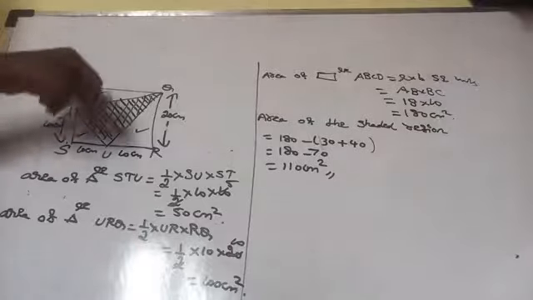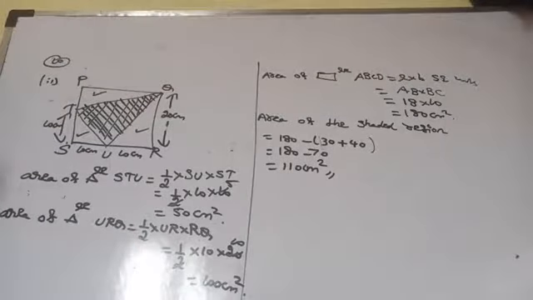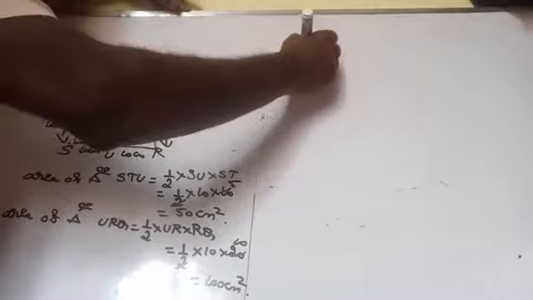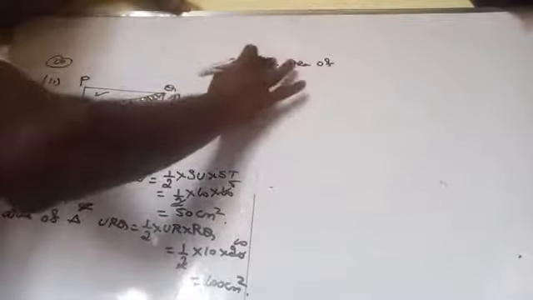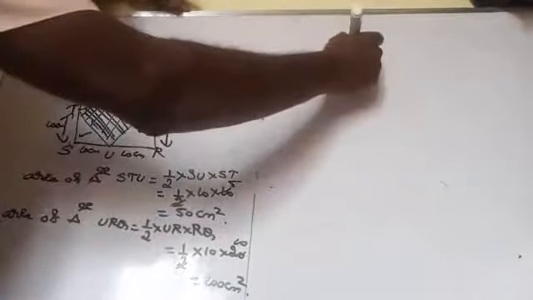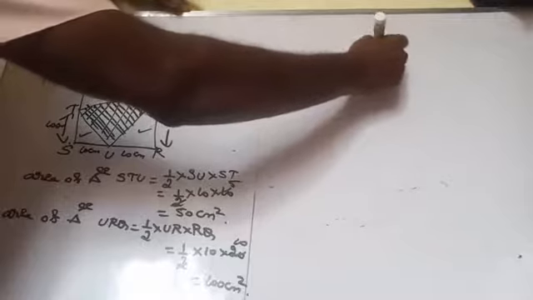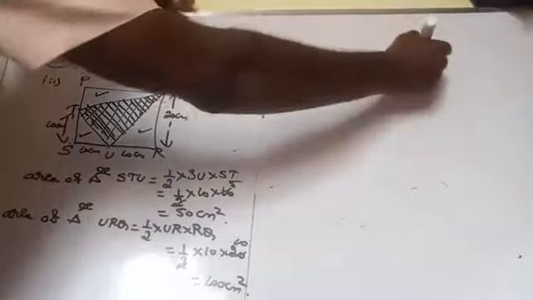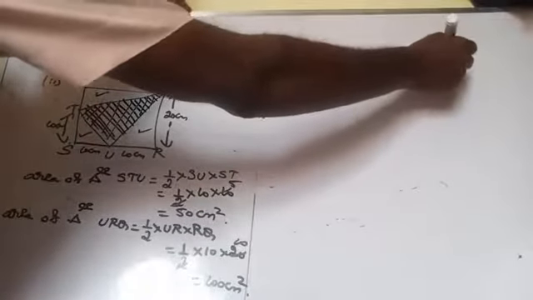So you have to find the area of triangle PQT now. Area of triangle PQT is equal to half into base PQ, height PT.